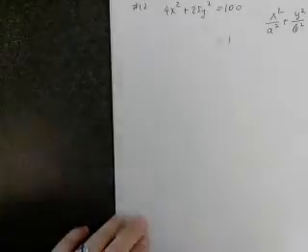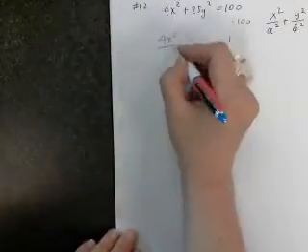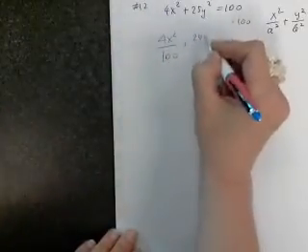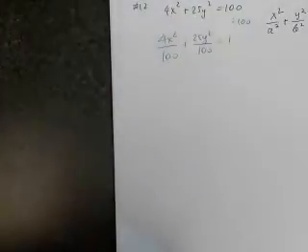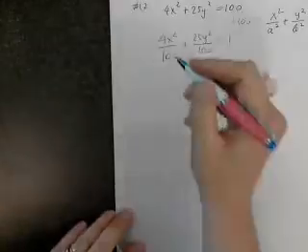Very good. So I divide by 100, both sides. 4x squared over 100 plus 25y squared over 100 equals 1. How do I simplify 4 with 100?